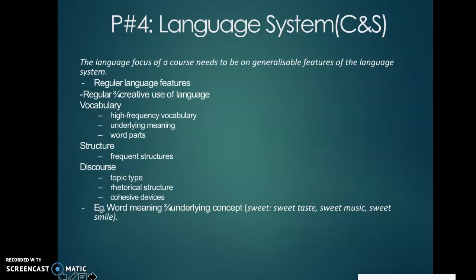This is a kind of example of vocabulary activities. The structure: frequent structure, discourse, topic type, rhetorical structure, cohesive devices. For example, try to find the word meaning and underlying concept.